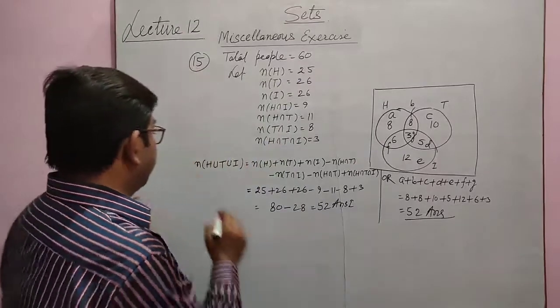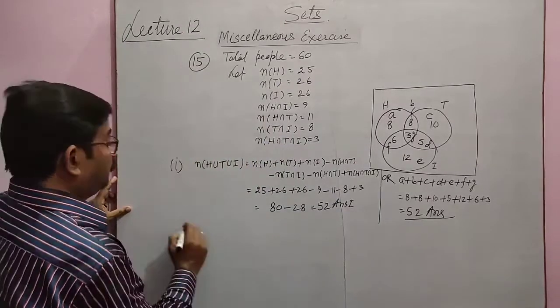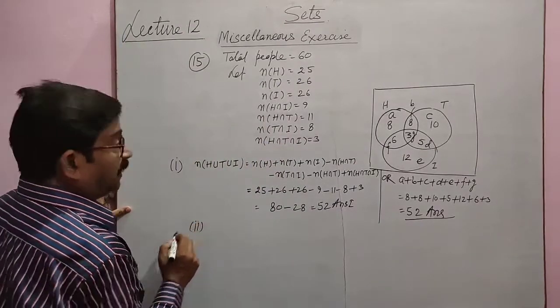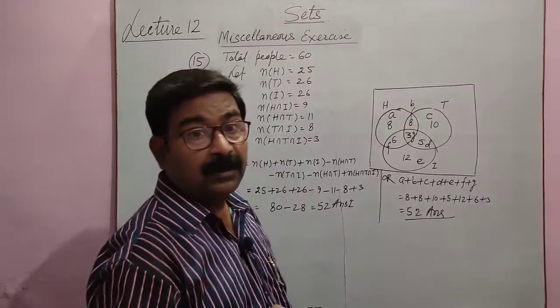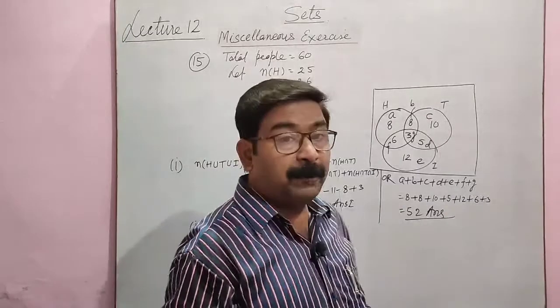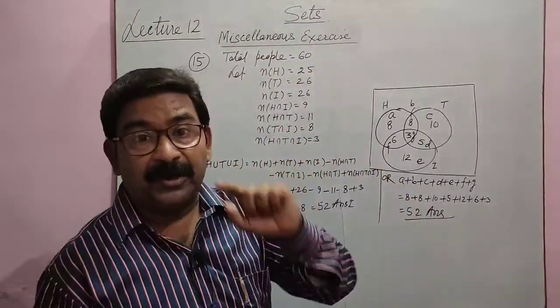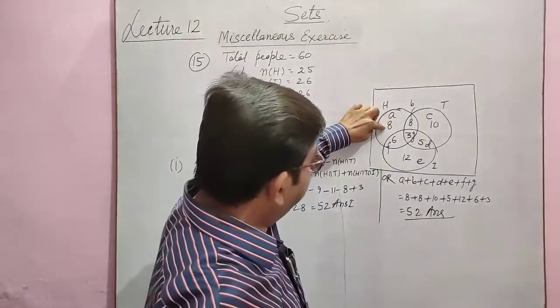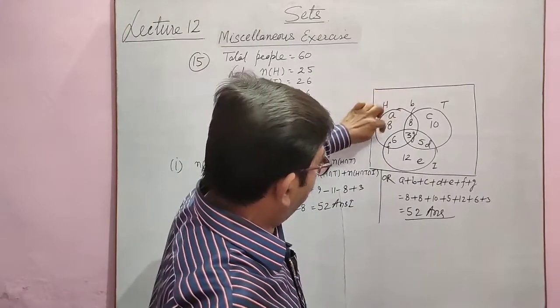Now second part. This is first part. Second part, again very complicated formula. So don't go for that. Second part is how many people are reading exactly one newspaper. See, this A is exactly one newspaper, this portion.